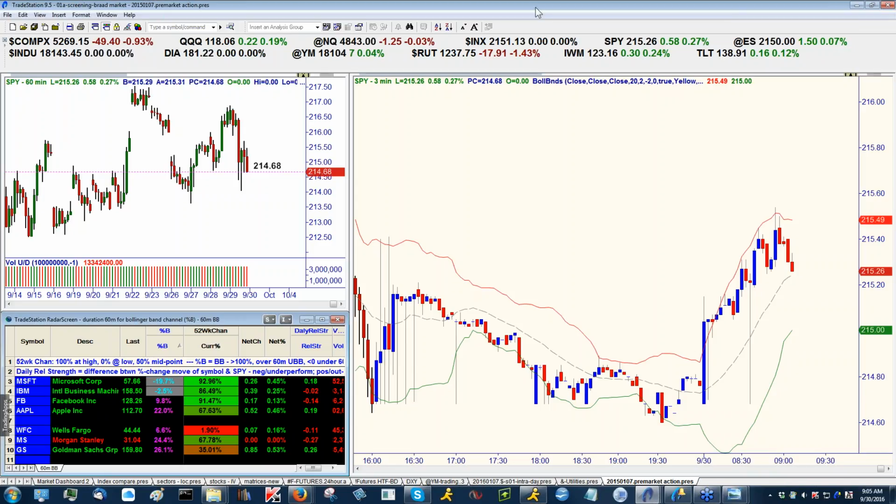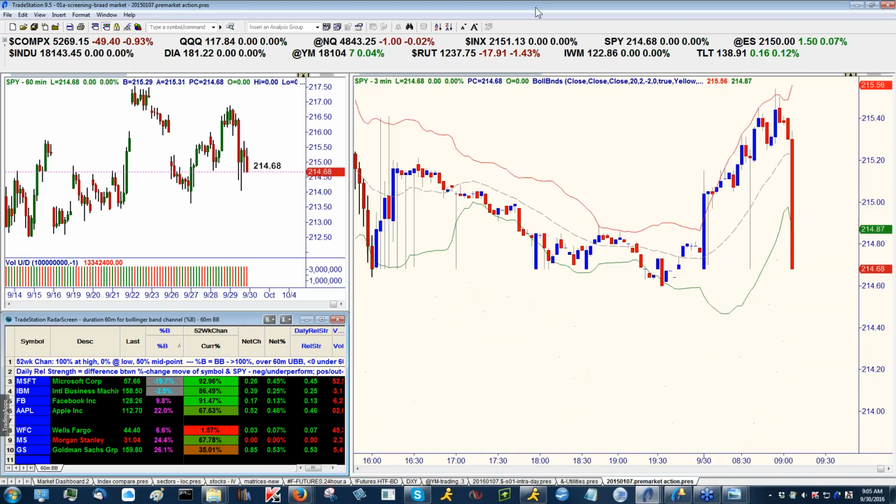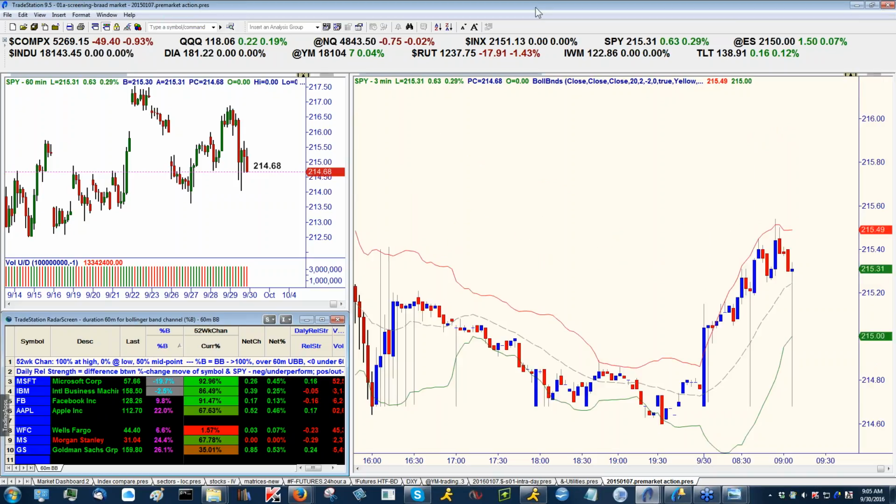If Goldman Sachs is going up but Morgan Stanley is going down, and Apple is going up but Microsoft is going down, more often than not that's a choppy, inhospitable trading environment. It doesn't mean you can't trade in that environment, just that you need to adjust your tactics.